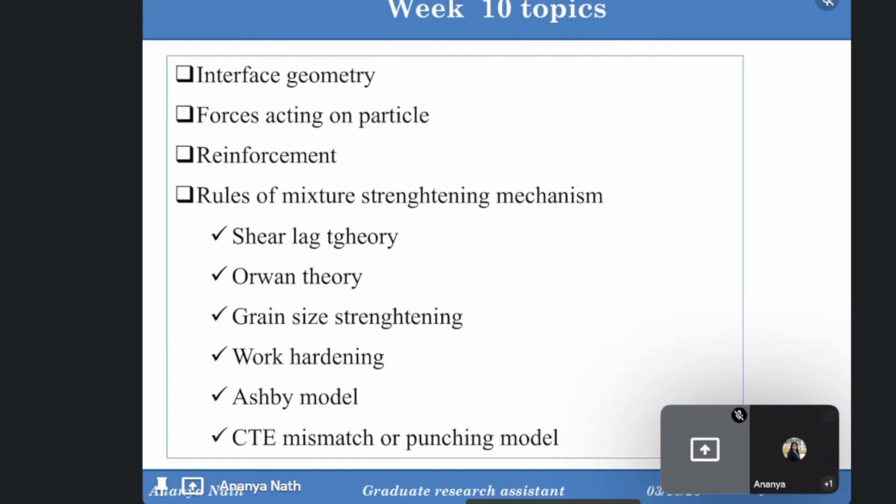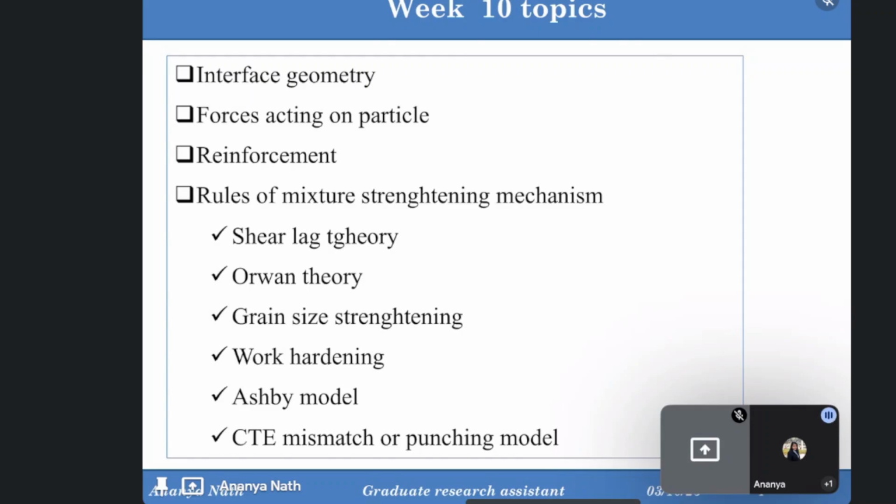In week 10 topics, significantly the interface geometry and its mechanism was broadly discussed. As I said in the last class also, whenever we are talking about metal matrix composites rather than alloys, we will be focusing on the interface geometry, or the mechanical or metallurgical aspects related to the interface, because alloying elements which are mixed with the parent metal will build some bond with the parent metal.